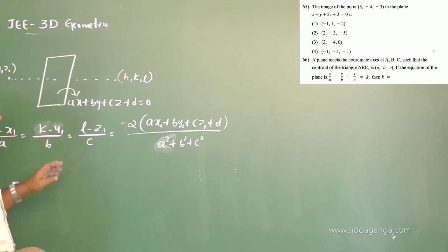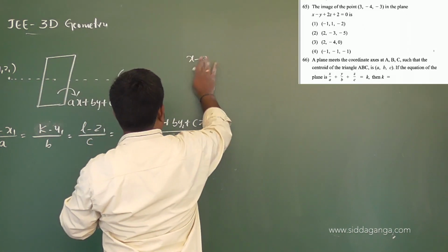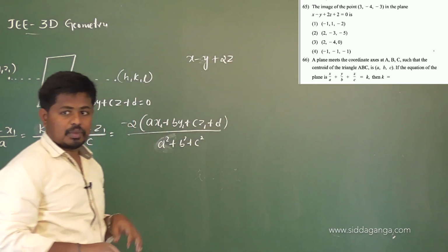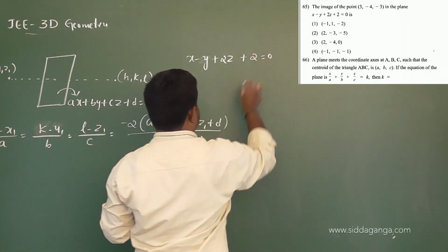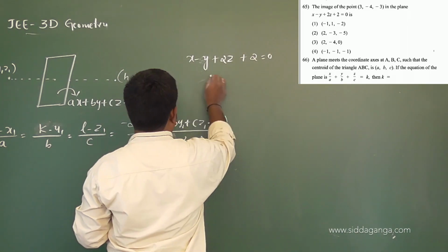Now, what is the plane we have? The plane is x minus y plus 2z plus 2 is equal to 0 and the point x1, y1, z1 is (3, -4, -3).